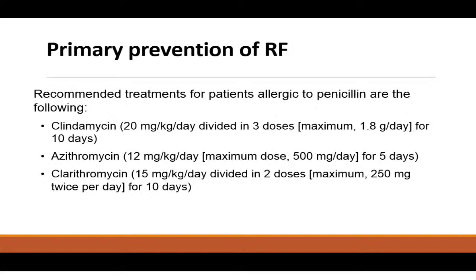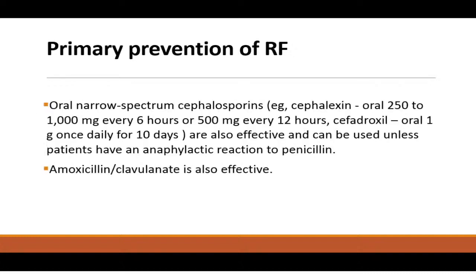It can be clindamycin, azithromycin, and clarithromycin. Also, you see the dosage, you may rewrite it to copy it. And sometimes we may use cephalosporins and the combination of amoxicillin with clavulanic acid, which is also quite effective for prevention of rheumatic fever.